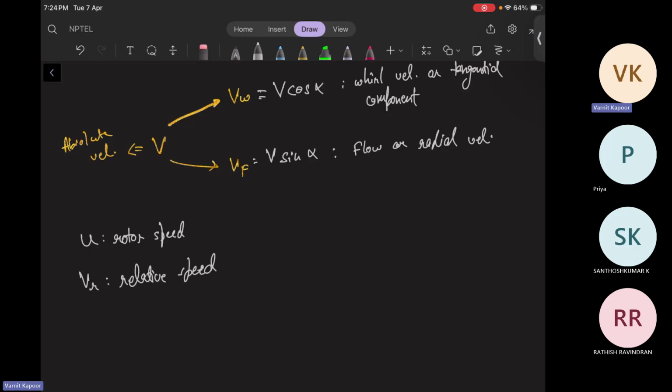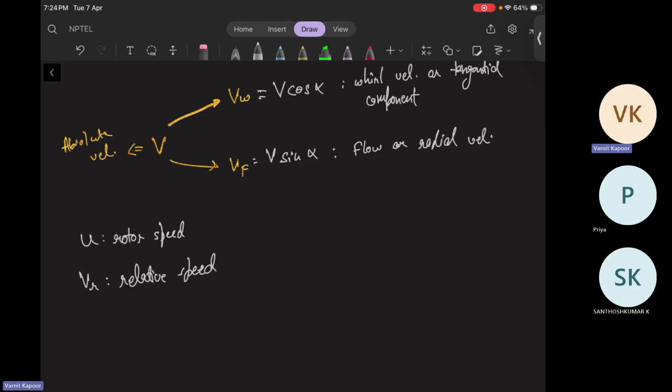The u is basically again the tangential component of your rotor. Okay. And there will be a relative velocity between both of them, because the working fluid, that is your water or air, whatever you want to compress, is moving at a different velocity compared to that of the rotor.